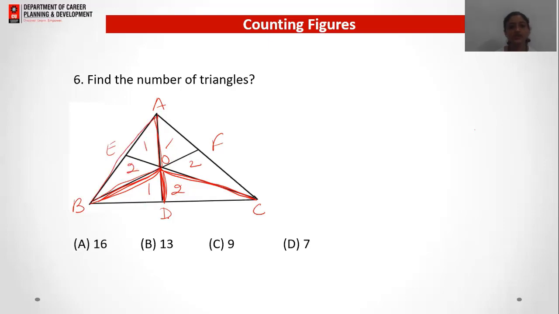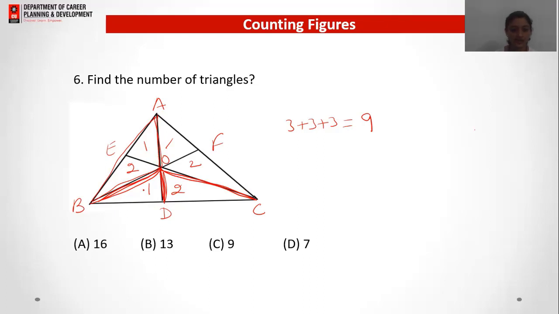1 plus 2 becomes 3. It means BOC, COA, and AOB, in total 3 plus 3 plus 3. 9 triangles are there. 3 on this side, 3 on this side, and 3 on this side. In total, 9 triangles are there.